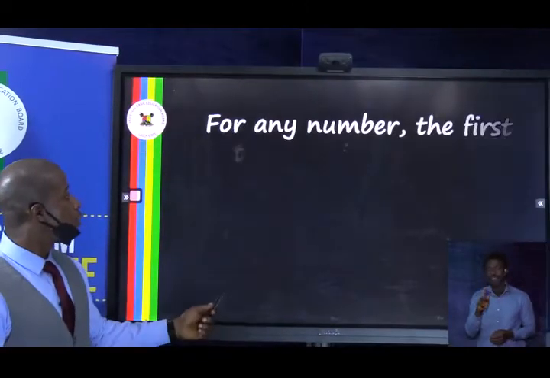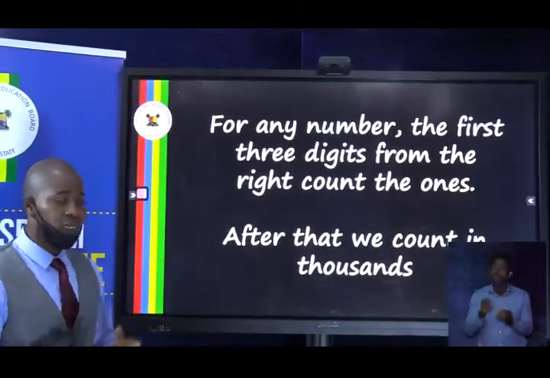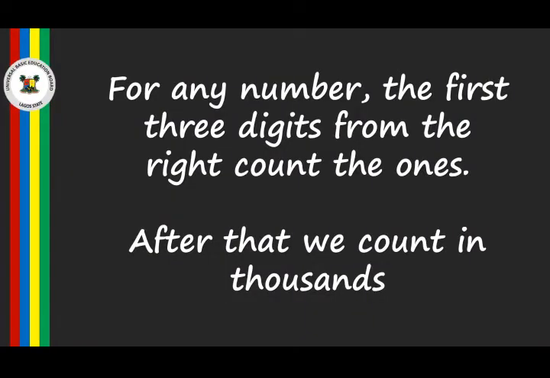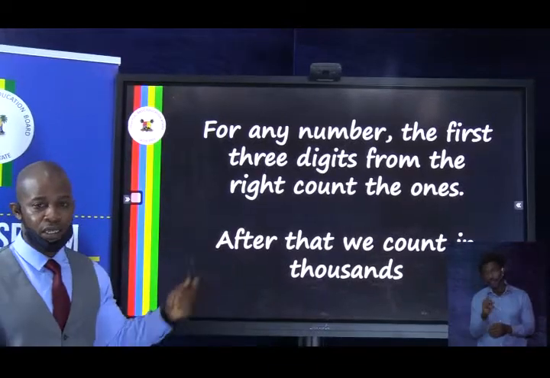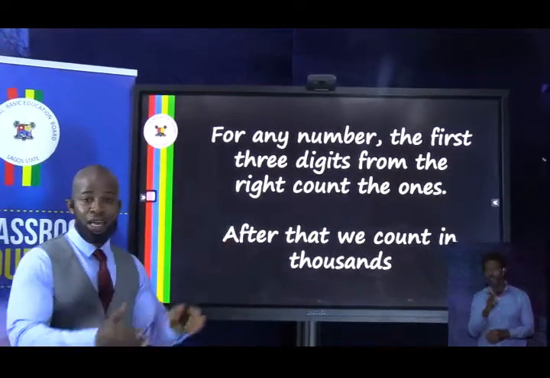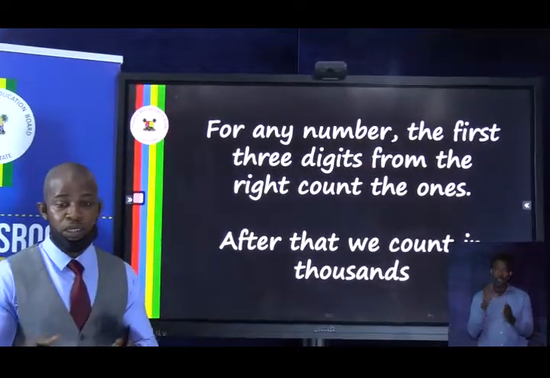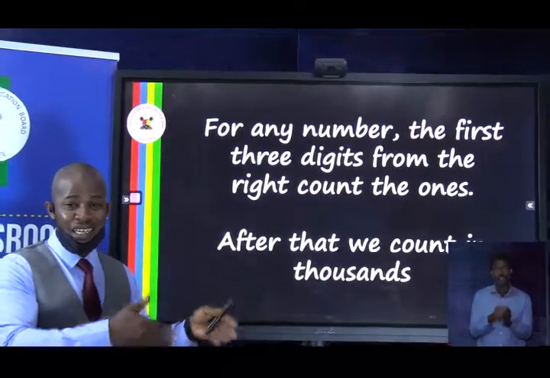Now, any number that is more than 3 digits, that's 4 digits, has spilled away from the hundreds that we know. So what we do is that the first 3 digits from the right, you use to represent the ones, just like I did in the previous slide. Any other thing after that is already more than ones. It's already going to be counted in thousands.